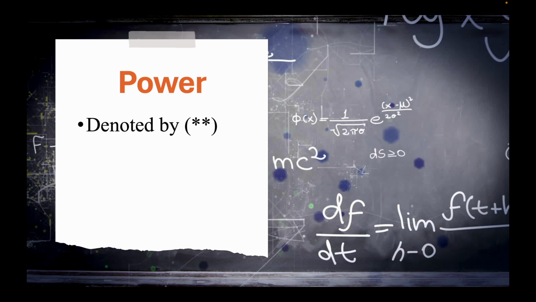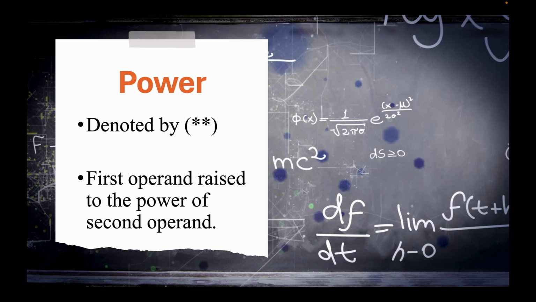Finally, we have the power operator or exponentiation operator, and this operator is used to raise one number to the power of another, and it uses a double asterisk. Now let's open our Jupyter notebook and try it.